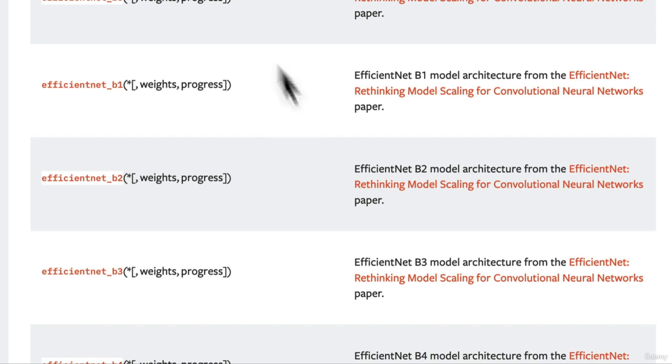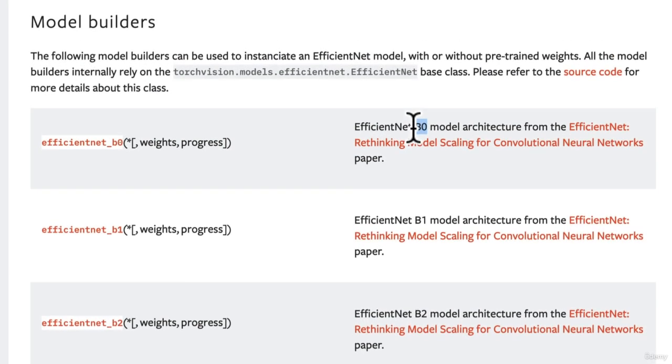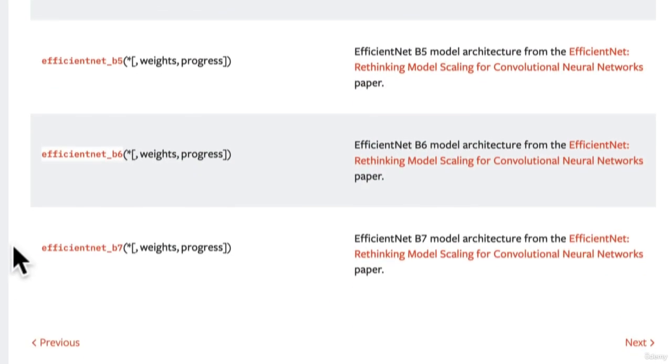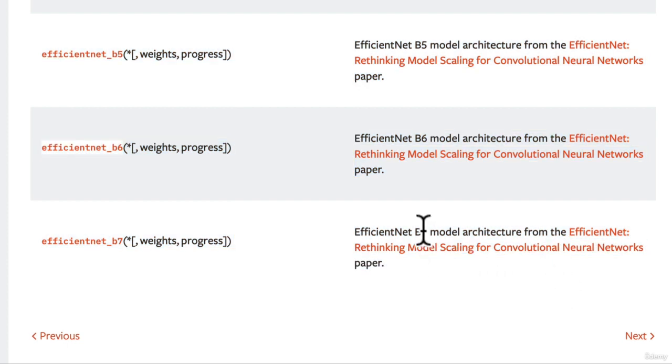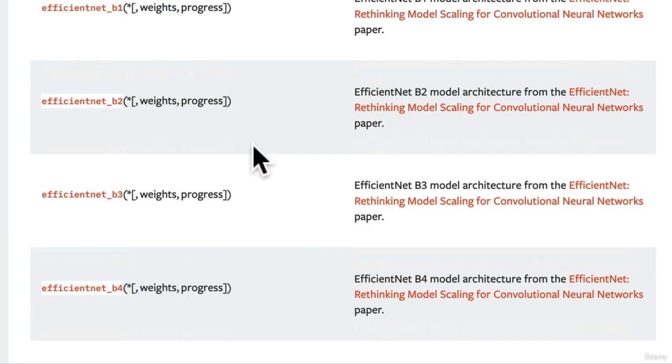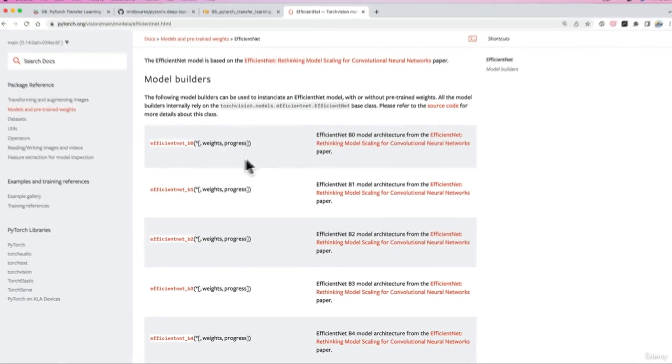A general heuristic for looking at computer vision models, or any model in general, is if they have some sort of number associated with them, for example B0, B1, B2, the higher the number, the bigger the model. That's something you need to take into consideration when you start to deploy your models. If your model is too big, yes, you might get the best performance from EfficientNet B7, however it might not run in your application because it's just such a large file. So to begin with, we're going to start small and scale up when necessary.